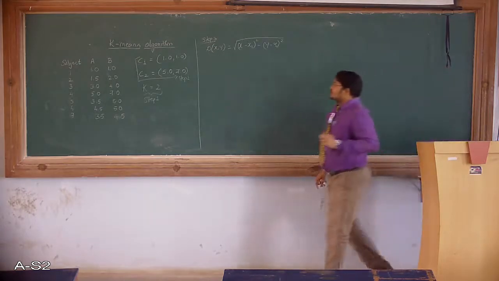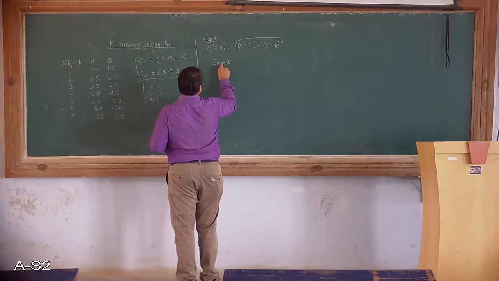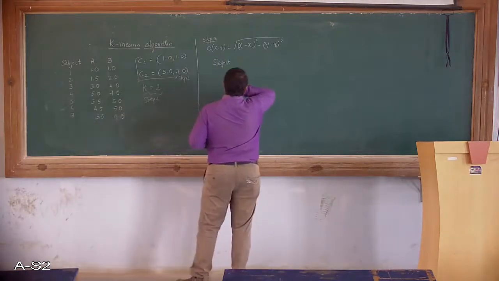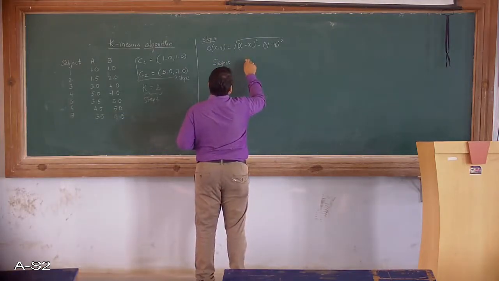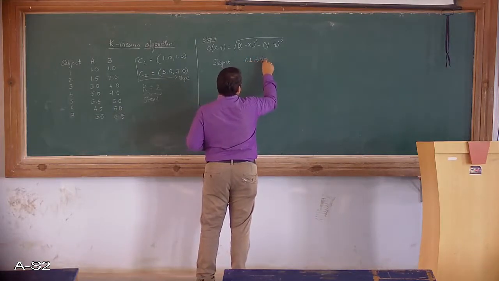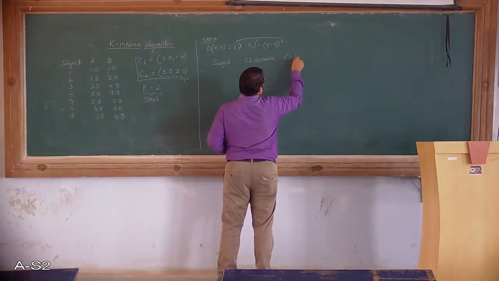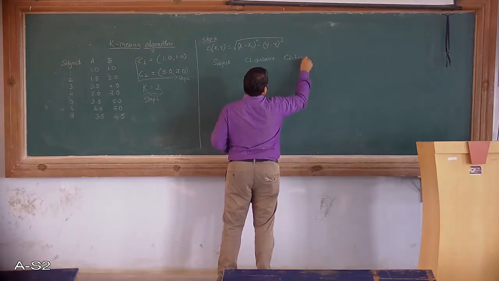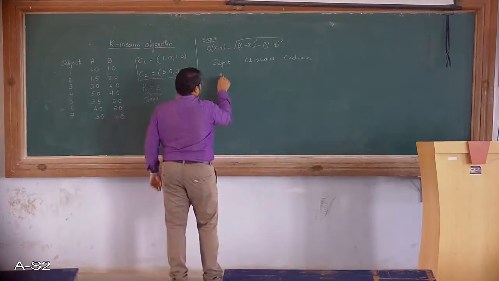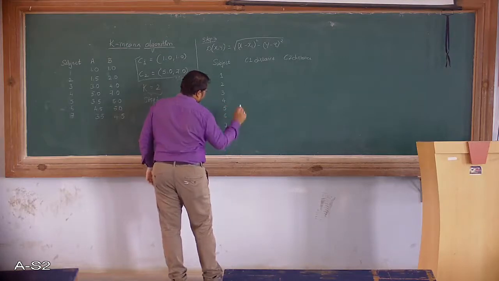We will get it as subject, C1 distance and C2 distance, for subjects 1, 2, 3, 4, 5, 6, 7.